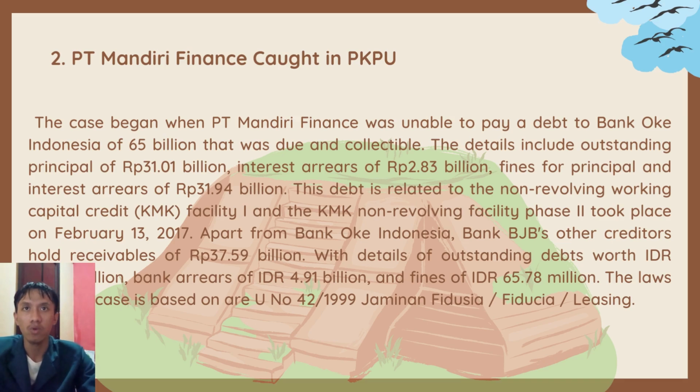The details include outstanding principal of 31.01 billion rupiah, interest arrears of 2.83 billion rupiah, and fines for principal and interest arrears of 31.74 billion rupiah. This debt is related to the non-revolving working capital credit facility 1 and the KMK non-revolving facility phase 2, which took place on February 13, 2017.